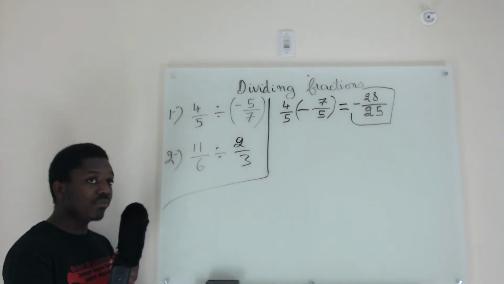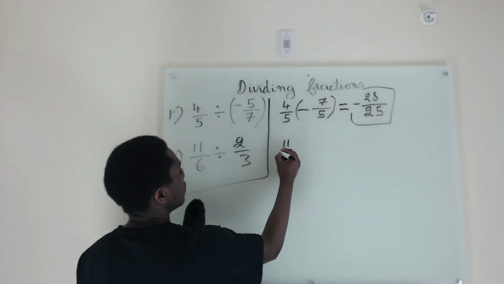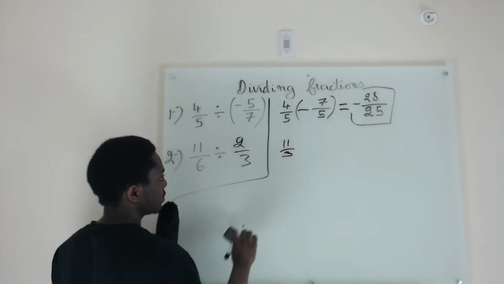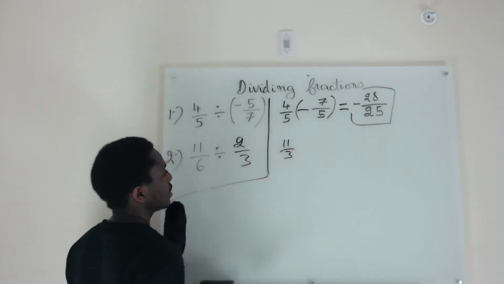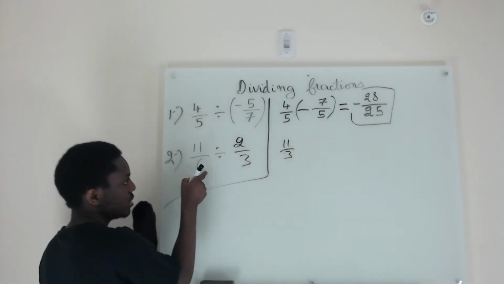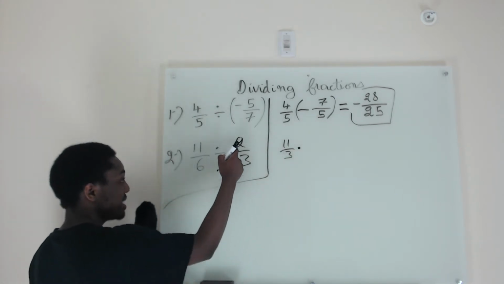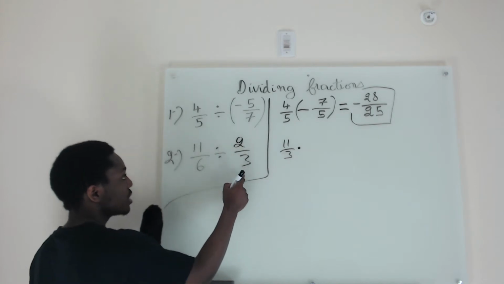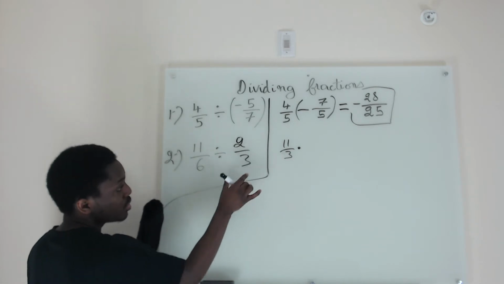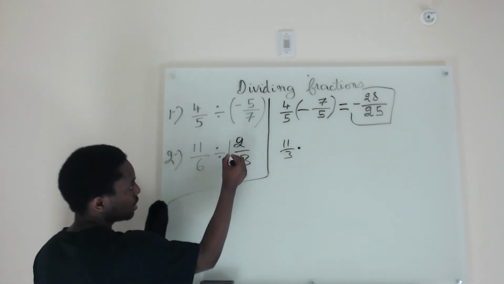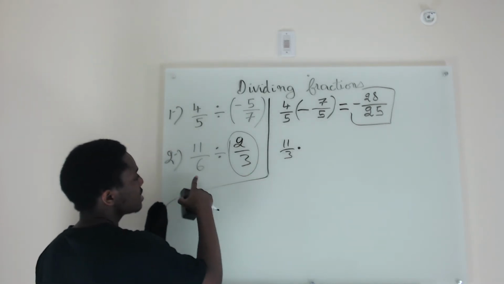Again, to divide two fractions, you take the first one, which is 11 over 6. You take the first fraction and you multiply that by the reciprocal of the second fraction, which means the flip of the second fraction.